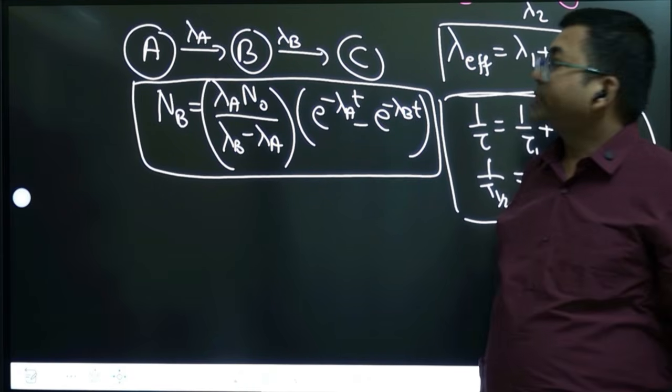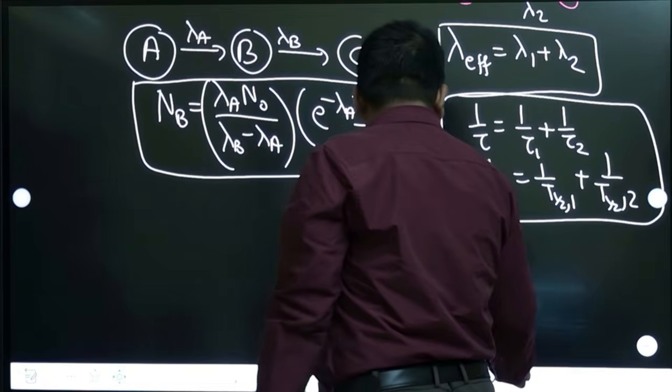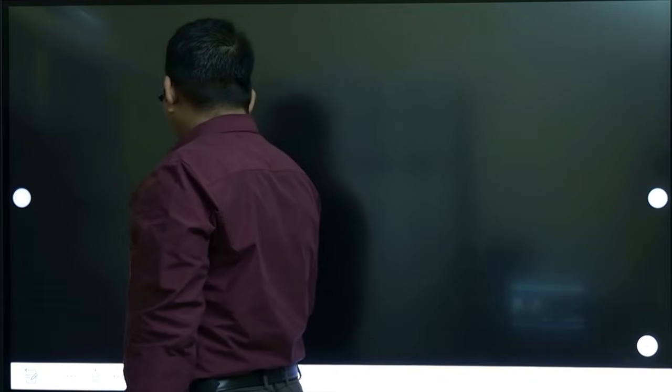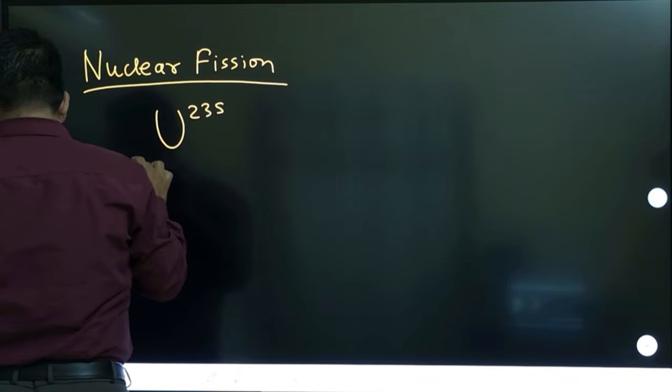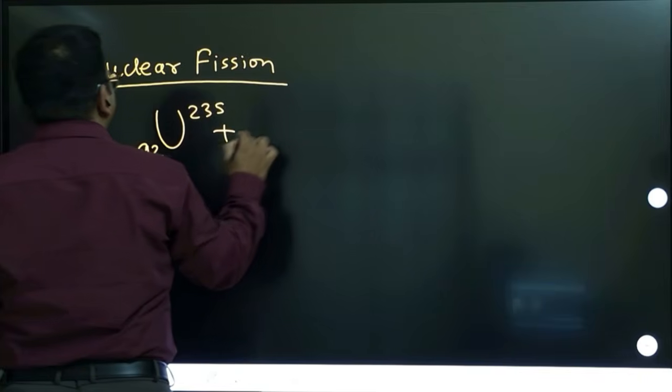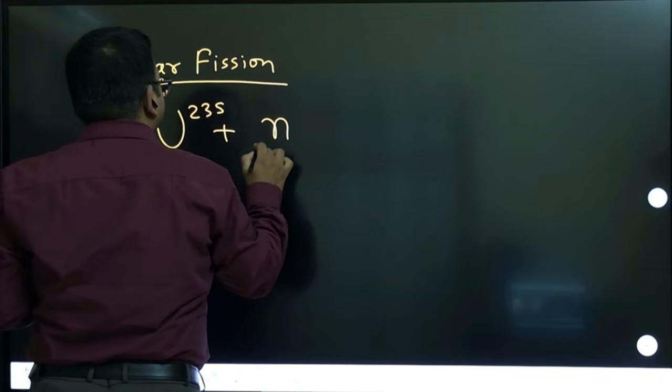Okay. Let us go into the nuclear reactor and the nuclear fission process. We will see it quickly. So, nuclear fission. What happens in nuclear fission? First of all, we should know that uranium 235, 92, is bombarded with a neutron, right?